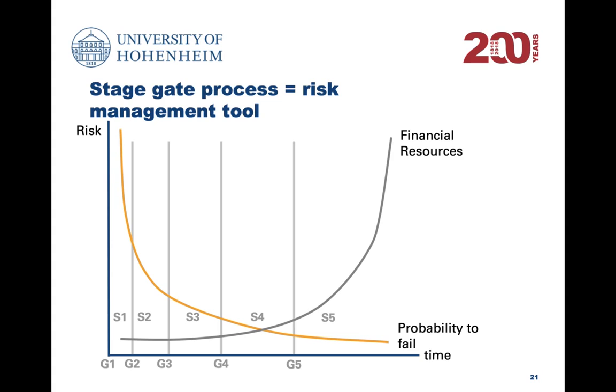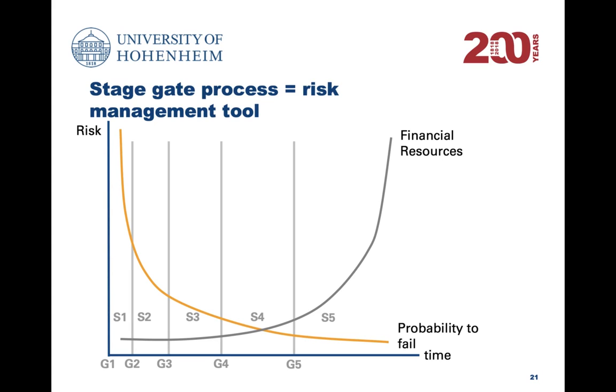So if we go from stage to stage, we said we need more resources. So the overall investment in the project increases exponentially, as indicated in the gray line denoted financial resources.